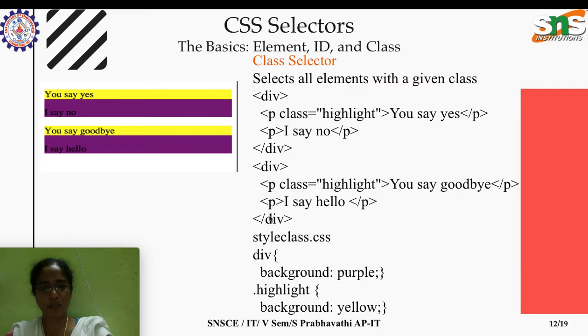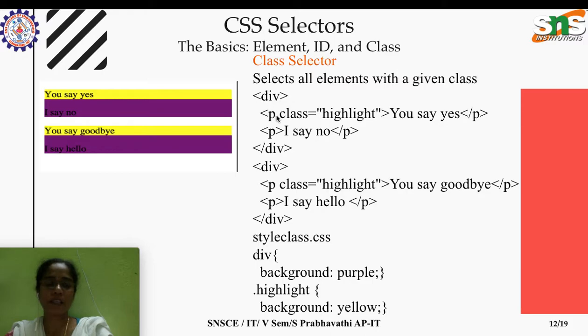The same example is followed: in the first div we have a paragraph with class equal to highlight, and in the second division the first paragraph also has class equal to highlight. It means when we design a style for highlight, it will be applied to this paragraph and this paragraph.